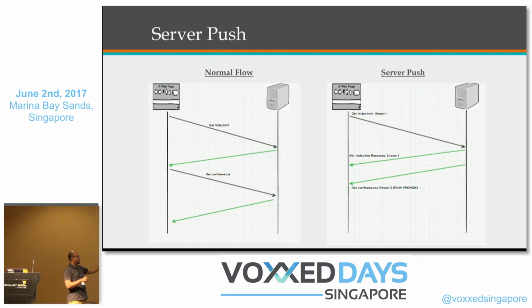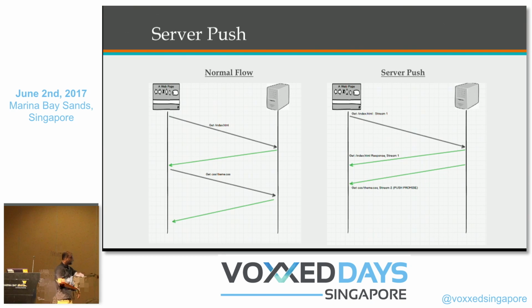You are fetching the HTML, you are getting the HTML, and then you are parsing it and trying to create a DOM tree for it. Once you see that there is a need to fetch a dependent resource, you fetch it, you get the CSS, then you create a CSS object model, and then finally you create a render tree.